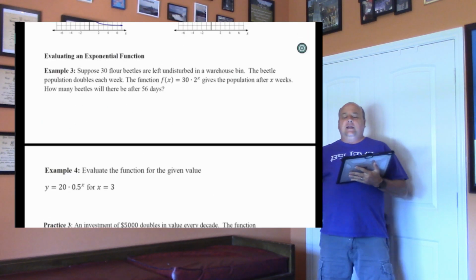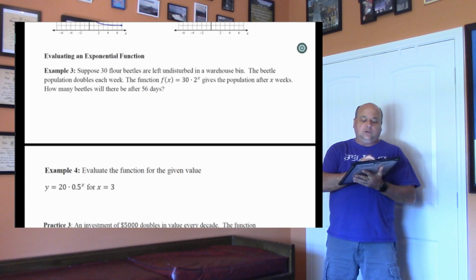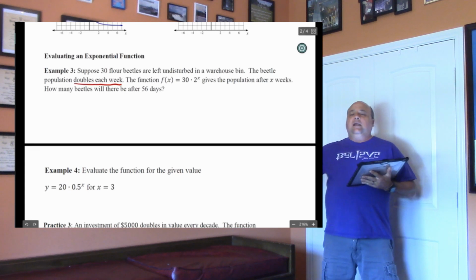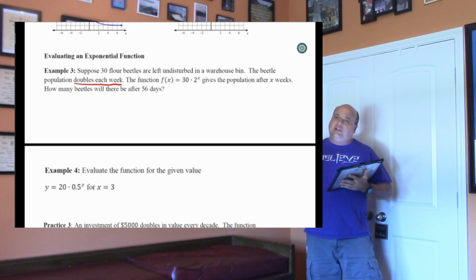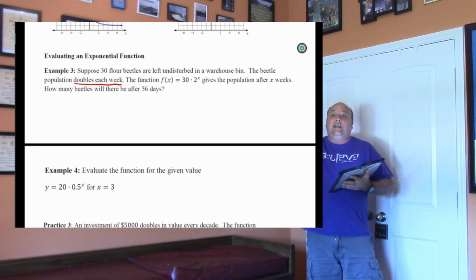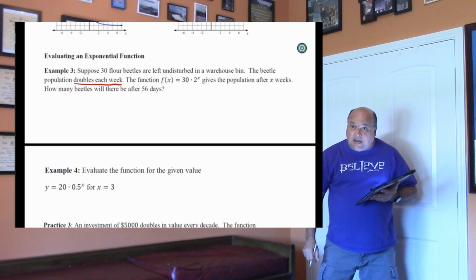Okay, evaluating an exponential function. Suppose 30 flower beetles are left undisturbed in a warehouse bin. The beetle population will double each week. Insect populations, a lot of animal populations grow exponentially until they can't sustain themselves with the food supply, then it'll plateau. Same thing with the virus that shut us down last year.